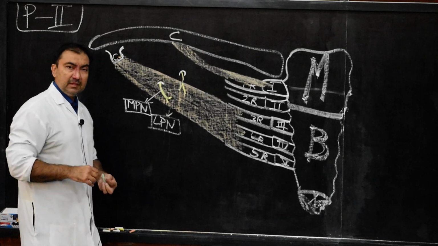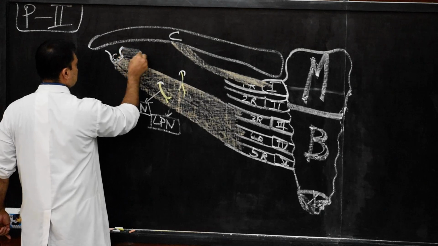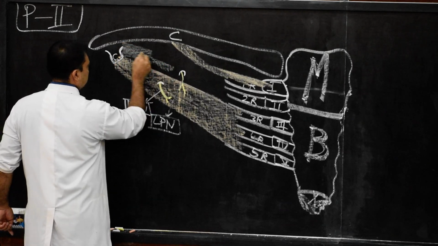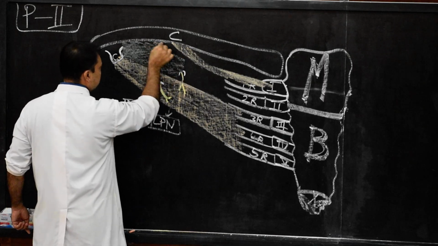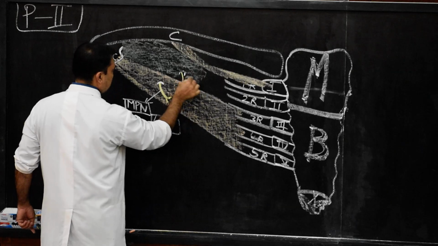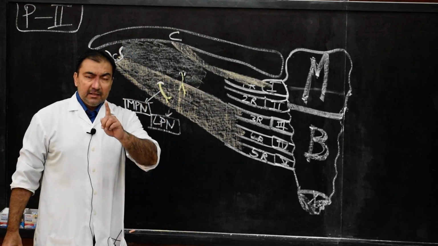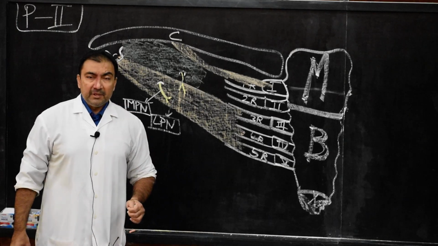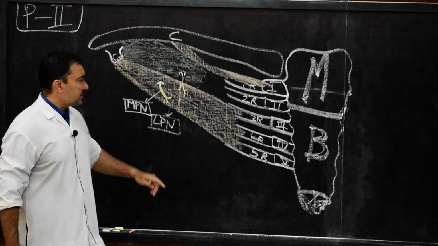Laterally, this fascia will be attached to the coracoid process. This is the lateral attachment of the clavipectoral fascia. The green color which I am putting is the clavipectoral fascia. Laterally it is attached to the coracoid process. And here I will show one ligament which attaches the coracoid process with the lateral end of the clavicle.